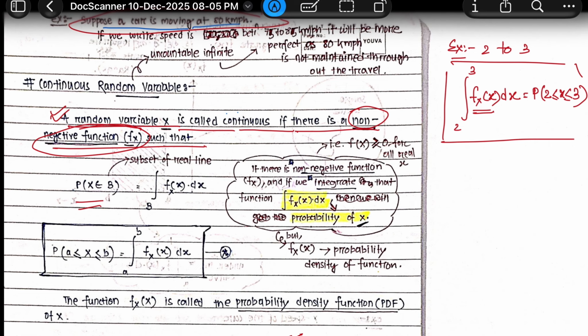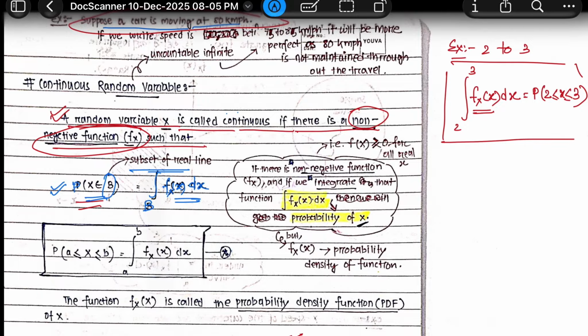So here, if you think of the probability of x, if x is an element of the set B, then the probability of that element will be the integration over that area with respect to a function.